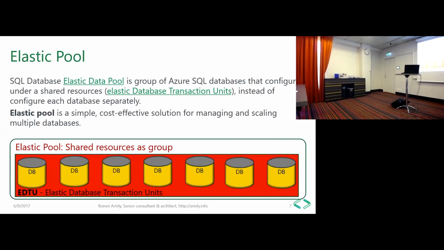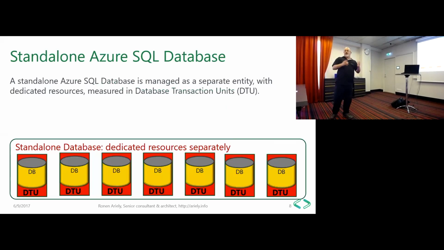What is Elastic Pool? In short, Elastic Pool is an entity that binds together several databases which are managed under shared resources. This is a bit of a complex sentence to understand, so in order to understand Elastic Pool, let's first remember how we manage separate databases in Azure.